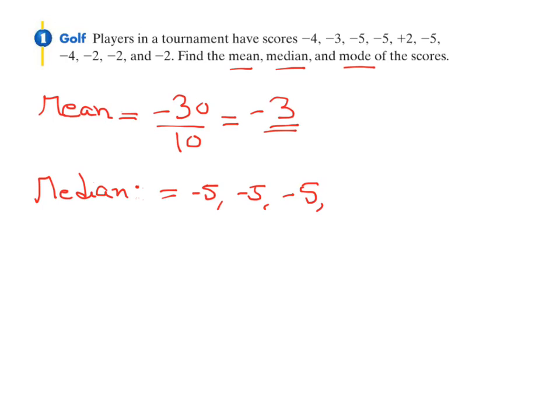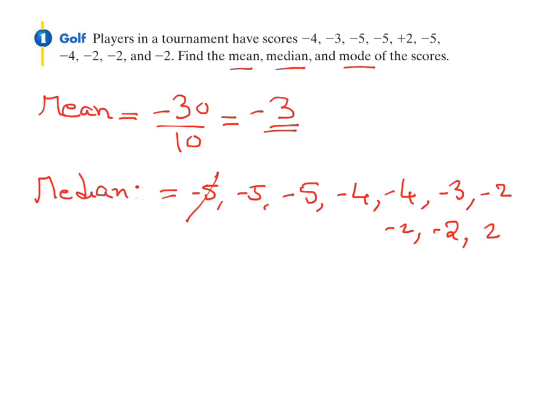Then we have -4, -4, and then -3. Then we have -2, -2, -2 and 2.